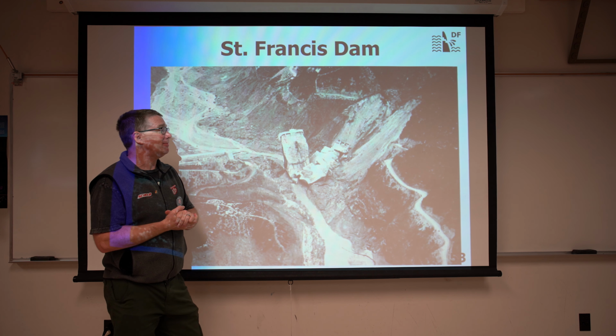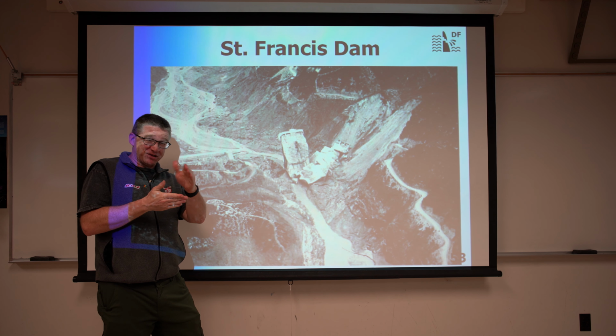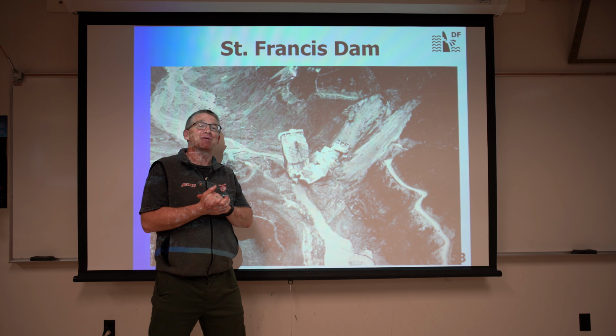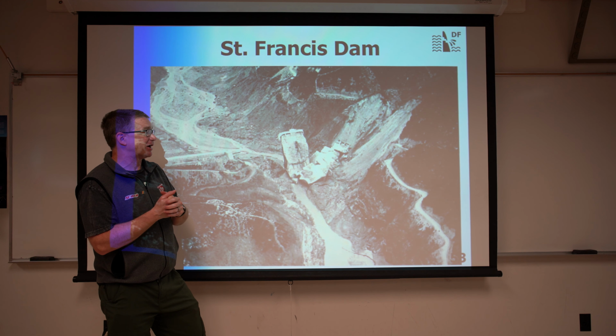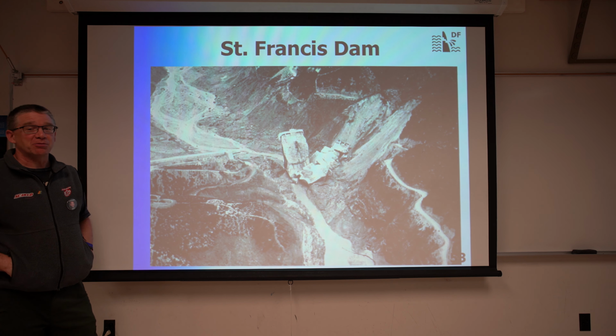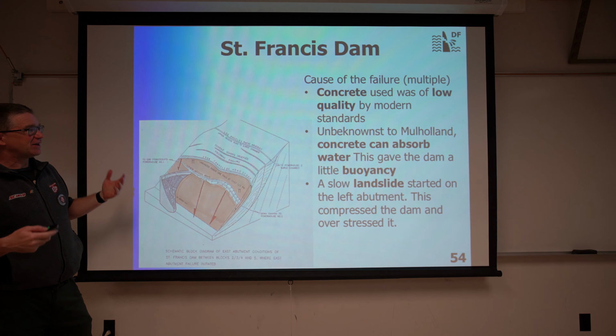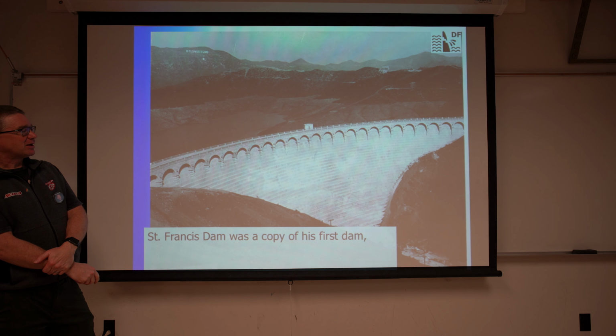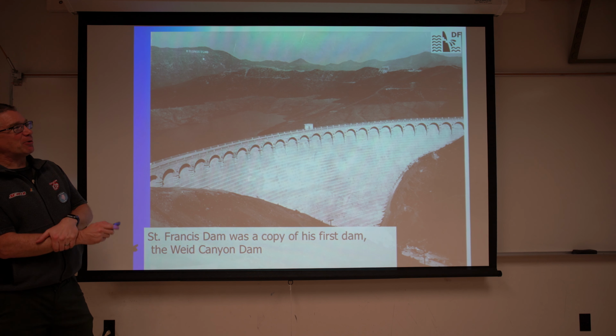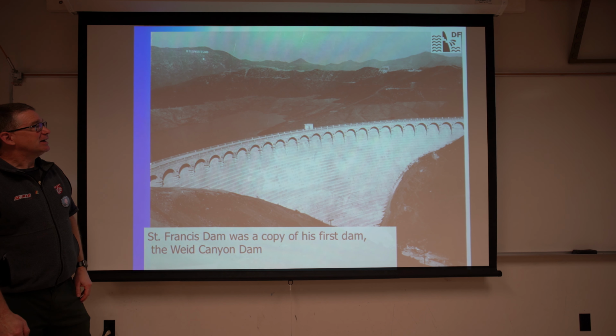And it burst right around midnight on March 12th/13th. We don't know the exact time at which it failed, but it was right around midnight. So you'll sometimes see this listed as failing on March 12th, sometimes on March 13th, depending on which source you're looking at. But it was built by William Mulholland, and failed in 1923.